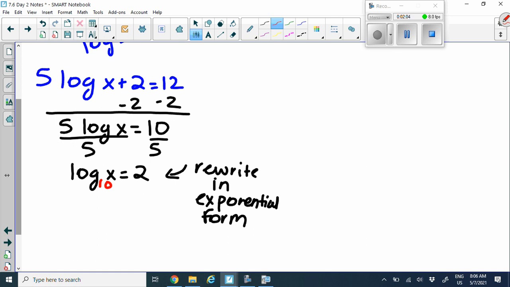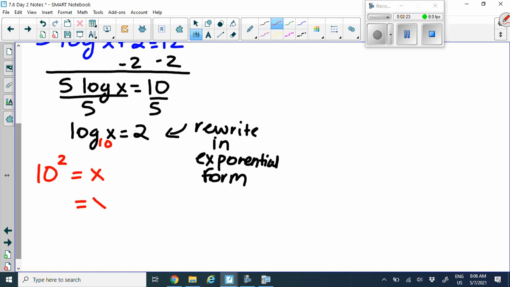So don't forget that about your common log. Okay, so now I'm going to rewrite it. So 10 is my base on the log, so it's going to be the base on my exponential. 2 is the exponent, and then x is just the y value. That's what we're solving for, okay? So when I calculate that 10 squared, that gives us 100, and that's my final answer.